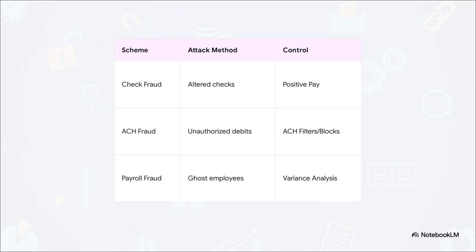For ACH fraud, where unauthorized electronic debits hit your account, we use ACH filters and blocks to ensure only pre-approved companies can pull money. And for payroll fraud, like someone adding fake ghost employees to the system, we use variance analysis to investigate unexplained payroll spikes, and we make absolutely sure the person approving payroll is completely different from the person transmitting the ACH file. Every single threat has an exact matching defense mechanism.